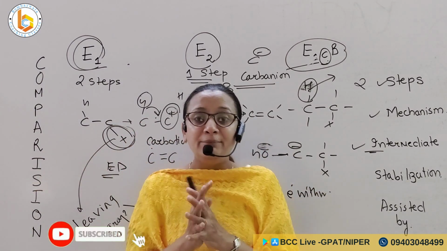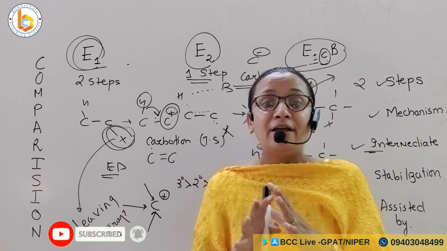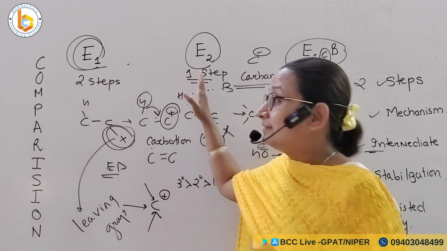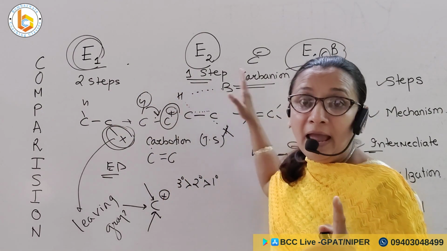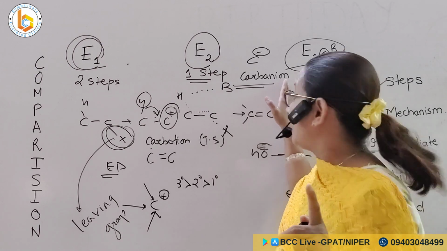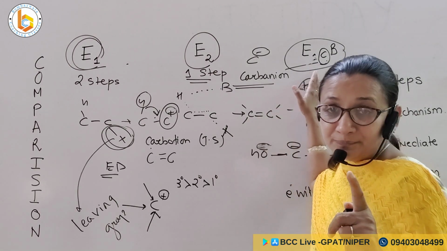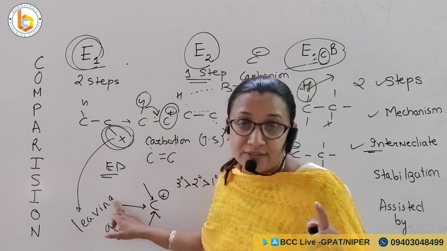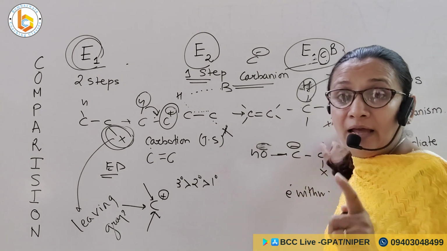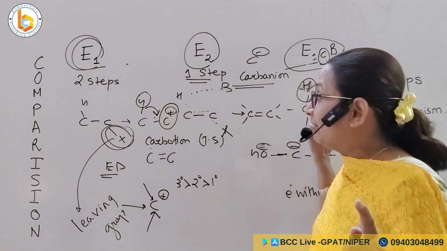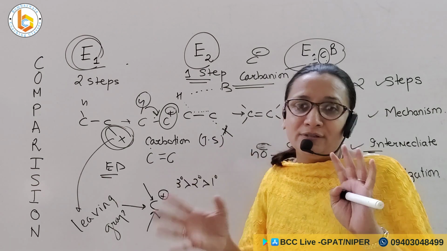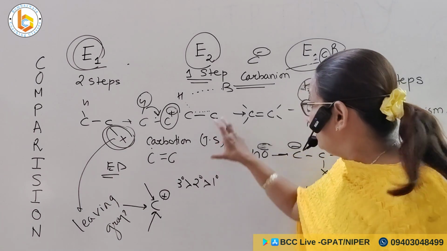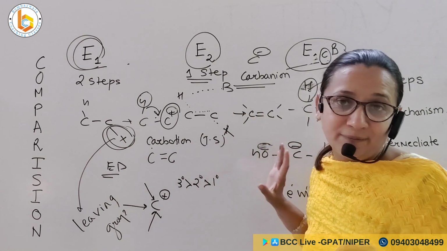I will quickly wind up the things I have discussed. Elimination first order is two-step, second order is one-step, and E1CB is again a two-step reaction. In elimination first order, the halogen leaves the system first. In E1CB, the halogen leaves the system last. Whereas in elimination second order, the loss of halogen and hydrogen occurs simultaneously in a state called the transition state.